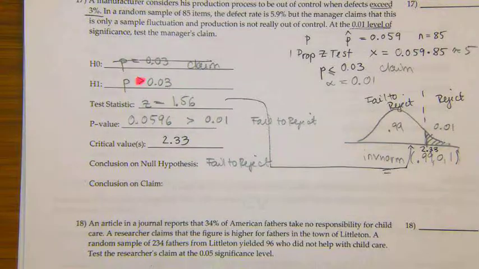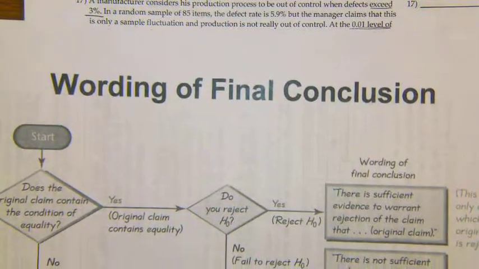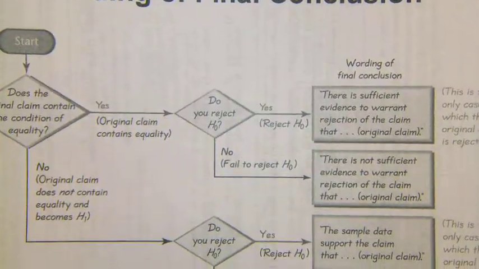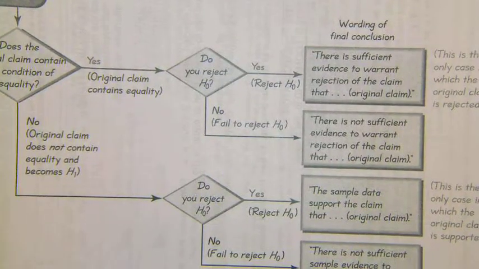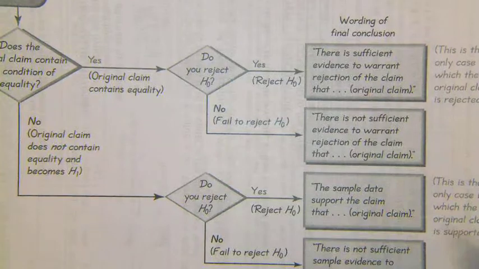Did our original claim include equality? Yes, so we're on the top. Did we reject the null? No, right? We failed to reject it. So what is our wording? Right there.